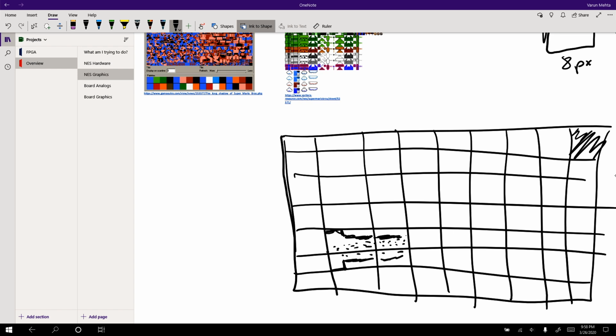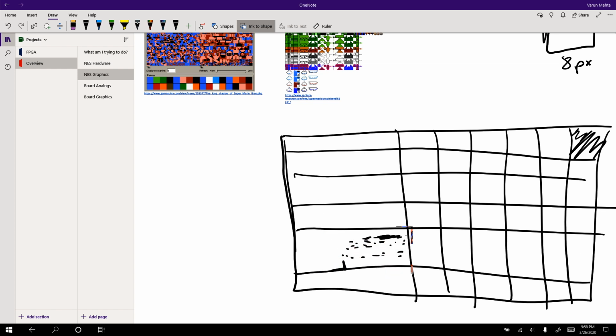But you see, the thing is, when you put this pipe down, it has to line up on these borders. Each of these tiles has to line up with the borders that we've defined for how these tiles are supposed to work.